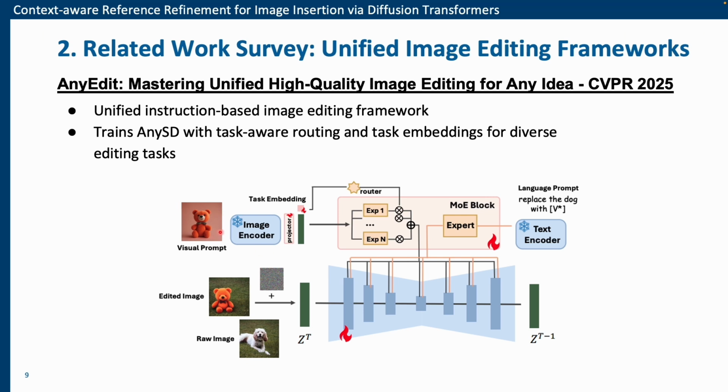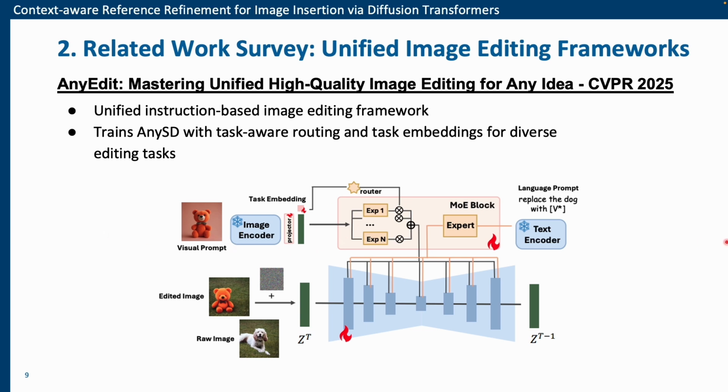To address this, AnyEdit builds a large-scale dataset with diverse editing types, covering local edits, global edits, camera movement, implicit reasoning, and visual guided editing.